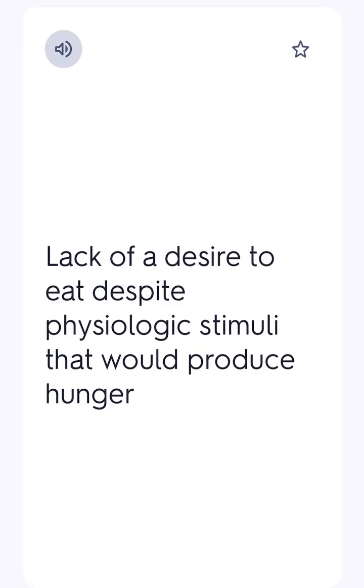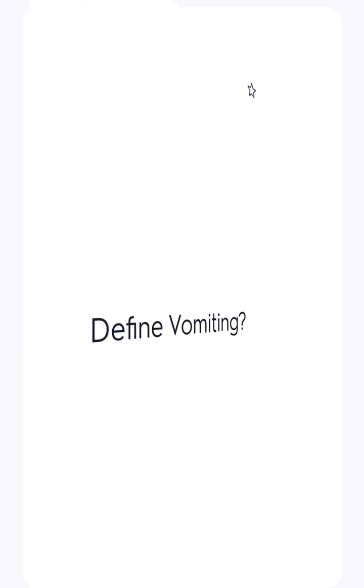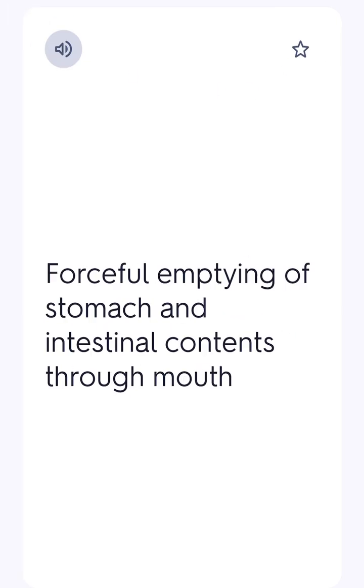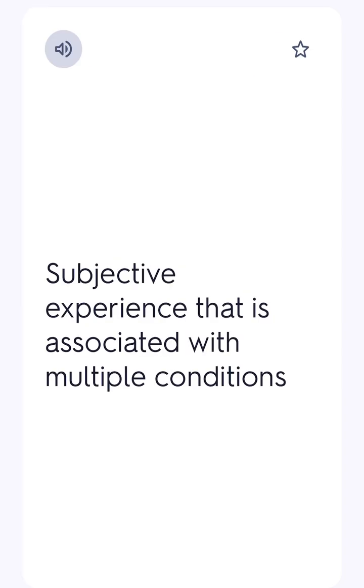Lack of a desire to eat despite physiologic stimuli that would produce hunger. Define vomiting. Forceful emptying of stomach and intestinal contents through mouth. Define nausea. Subjective experience that is associated with multiple conditions.